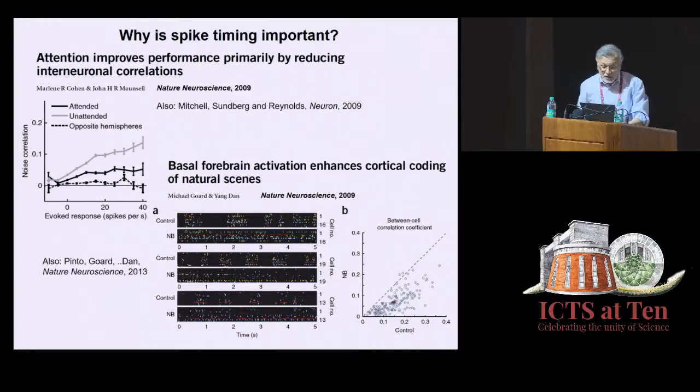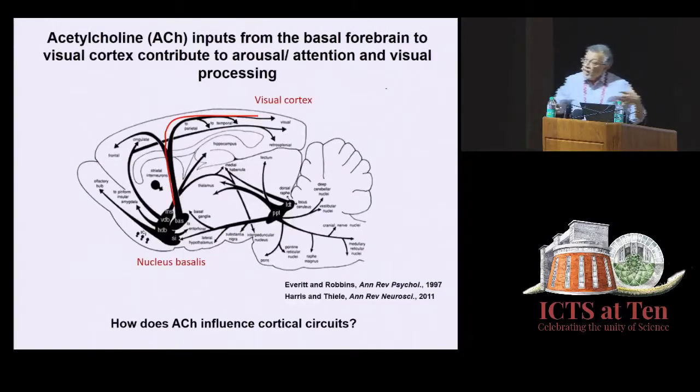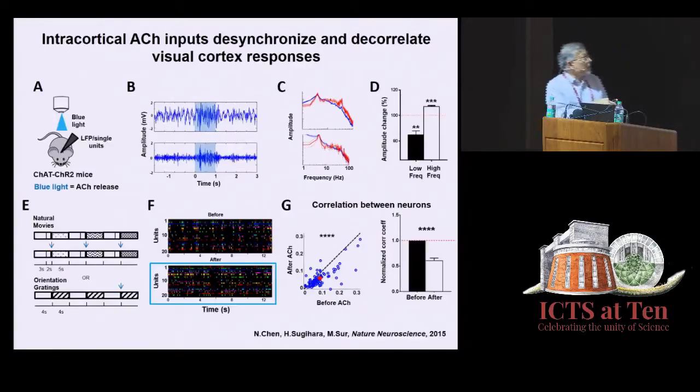We know that cholinergic inputs make you more alert, more aroused, and an issue is how. And I'm going to tell you very briefly how this happens. We can take mice in which we can, by molecular genetic means, release acetylcholine in the cortex. We can record the activity of neurons. If you release acetylcholine through this molecular genetic means, you decorrelate the activity.